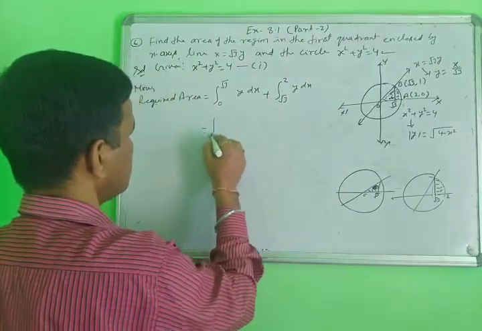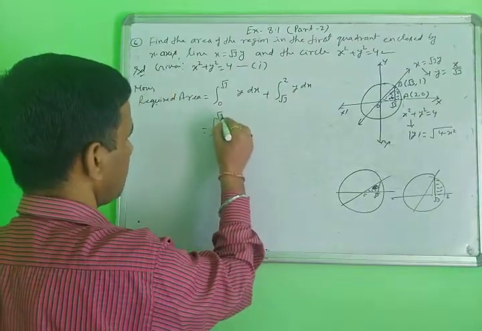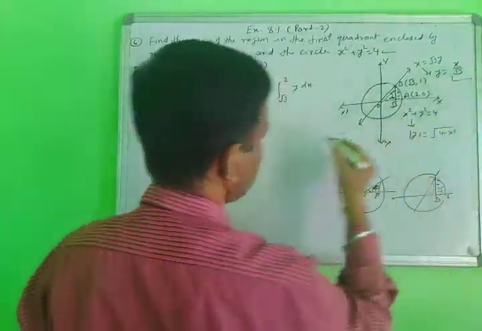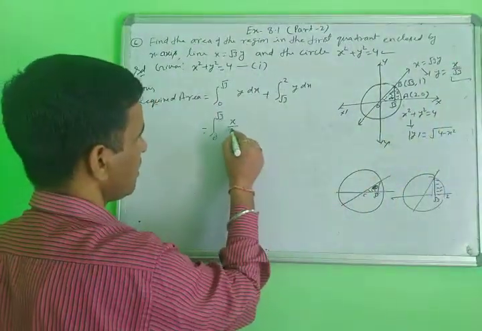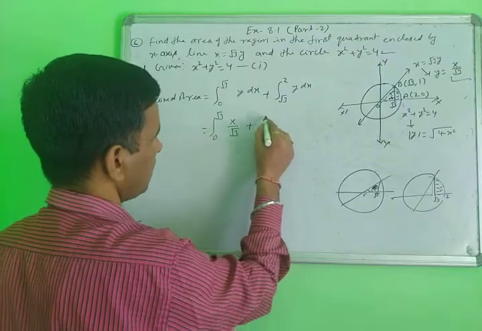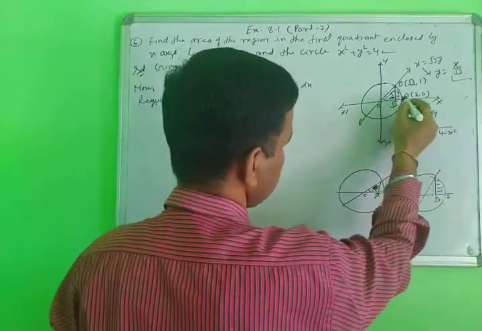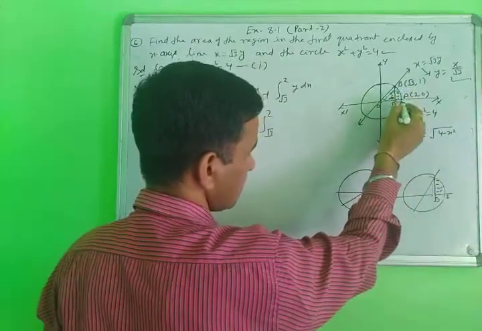So then using here 0 to root 3. What is the value of the line here? Equation of line is using this portion x upon root 3 plus root 3 to 2, meaning root 3 to 2. Then this portion uses the circle.